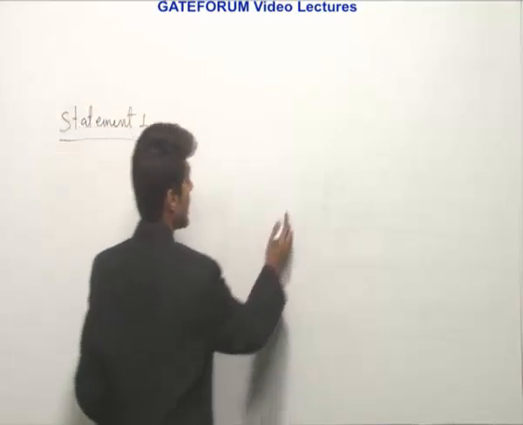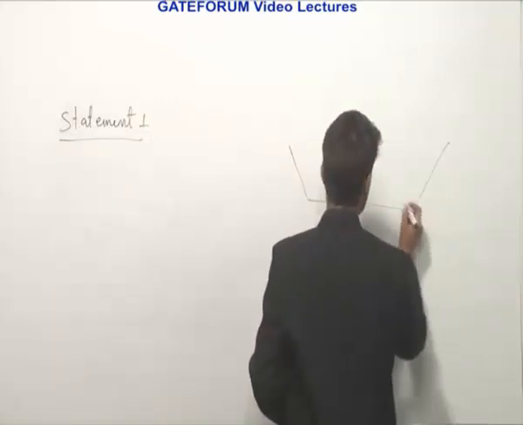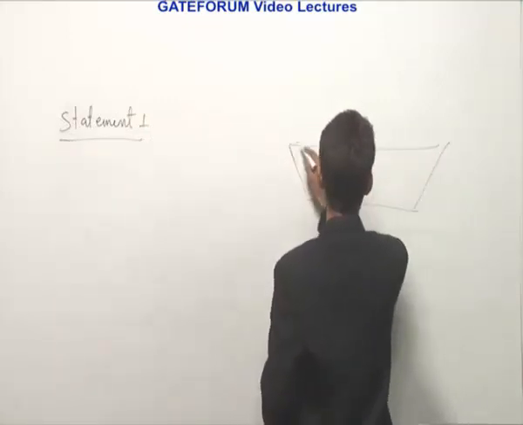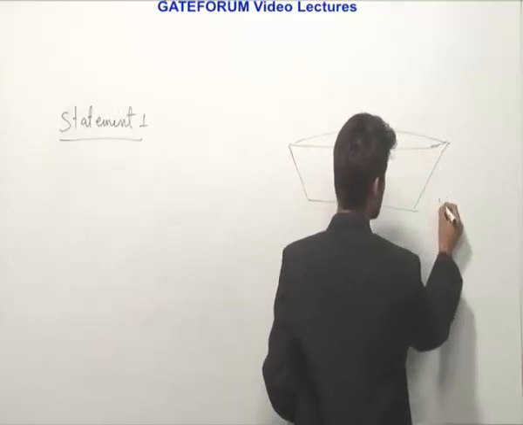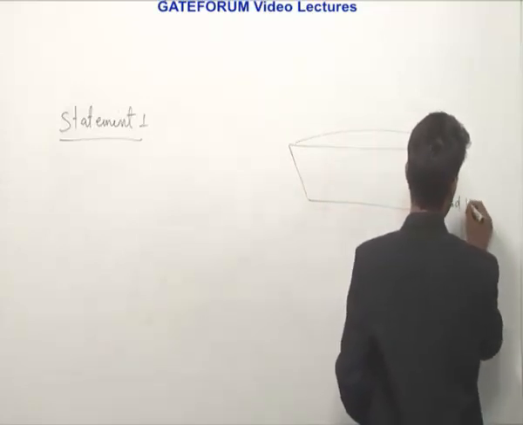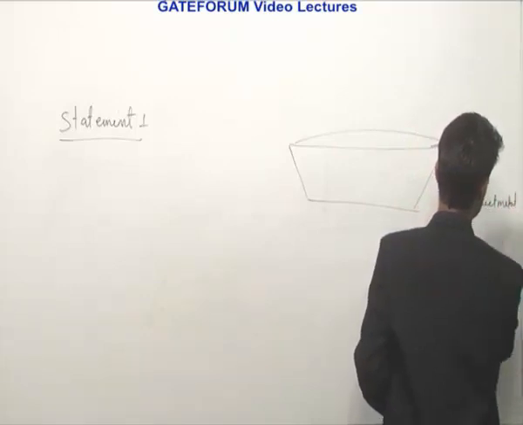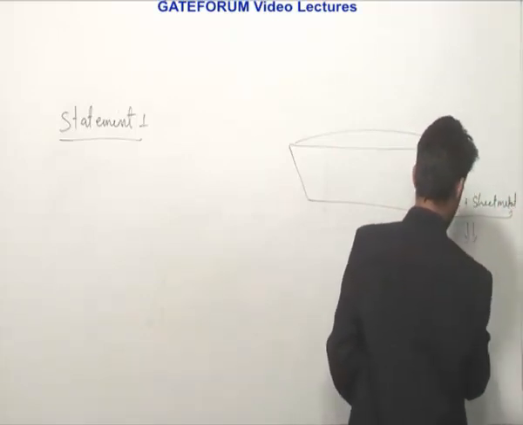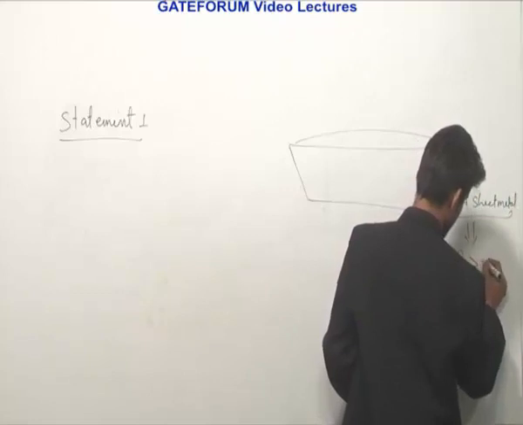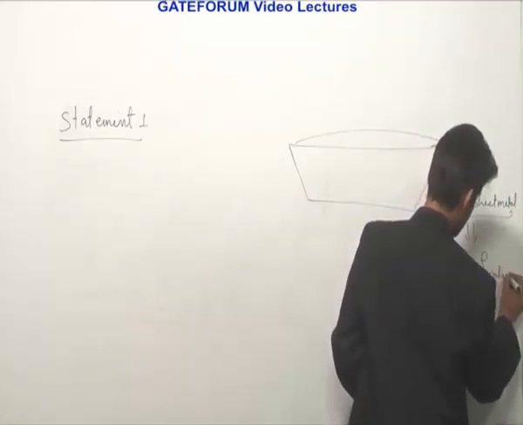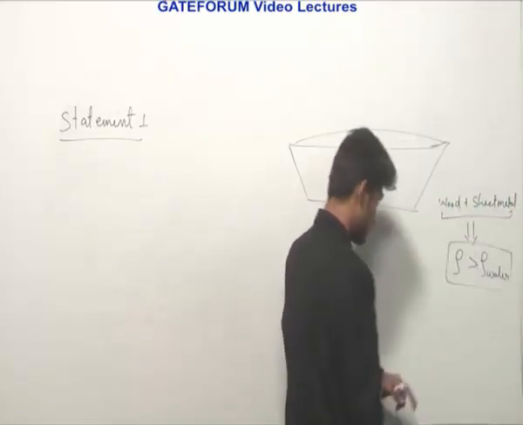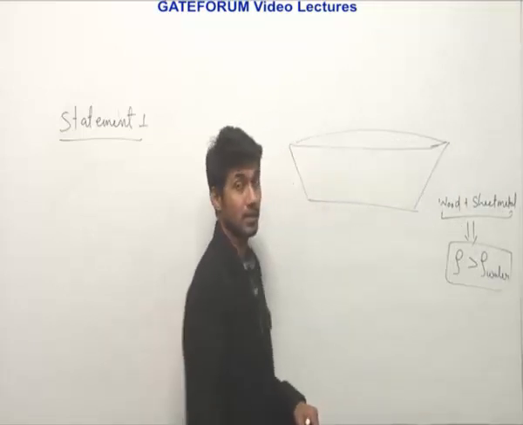Statement 1, if there is a boat, the material used in the boat is wood and sheet metal. And the net density is greater than density of water. That suggests that the boat should sink.